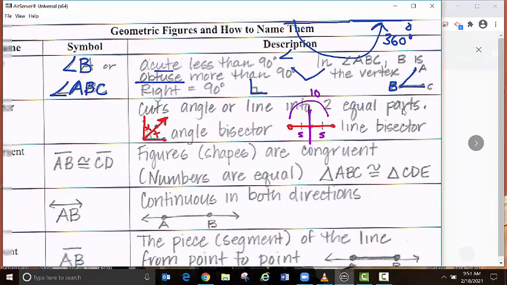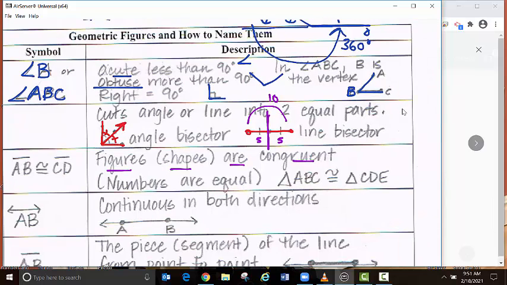Next, congruent. Congruent means exactly the same. Figures and shapes are congruent, okay? They are exactly the same. Everything matches. So this is the symbol, okay? This could be the triangle ABC is congruent to triangle CDE.